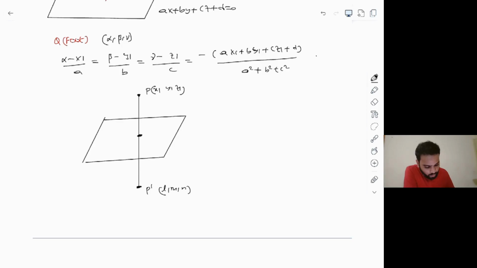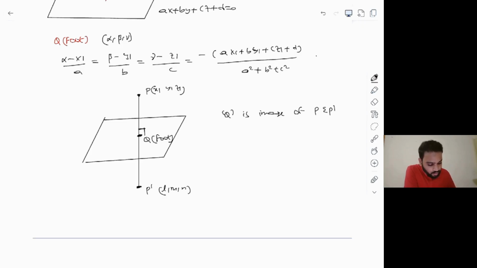And what is the main point here of image? The foot of perpendicular from the point P acts as the midpoint of the original point P and the image point P dash, right? So I can write that Q is the midpoint of P and P dash.